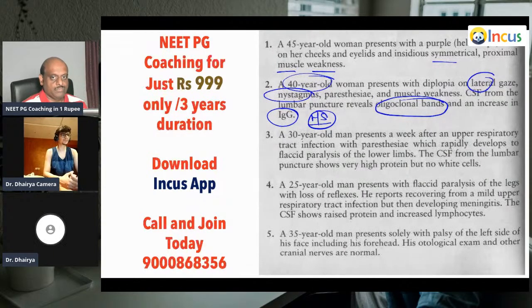Close mimicker would be neuromyelitis optica, also known as Devic's disease. However, this patient is not coming with features of spinal involvement. Again, in NMO, you'll have aquaporin 4 antibodies, which is another pathognomonic feature to remember. So yeah, that's about it.